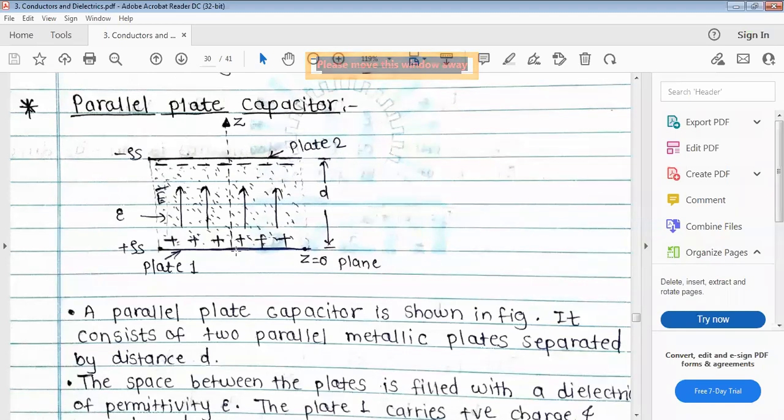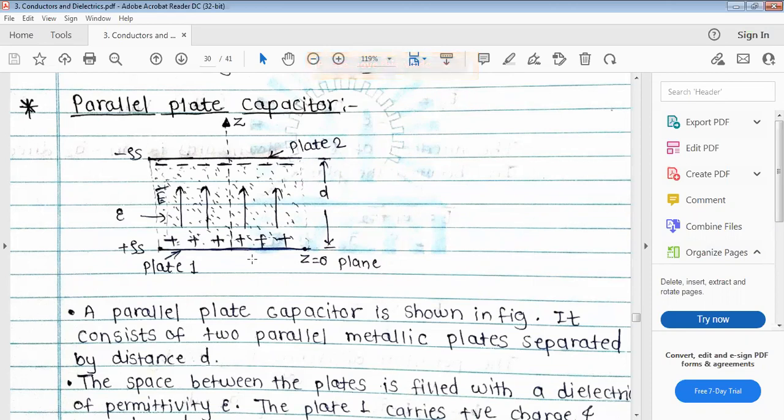Concentrate: plate 1 is placed at the origin in the xy plane, where z is equal to 0, and plate 2 is placed on the positive z axis, at some distance along the z axis, so that plate 2 is parallel to the xy plane.